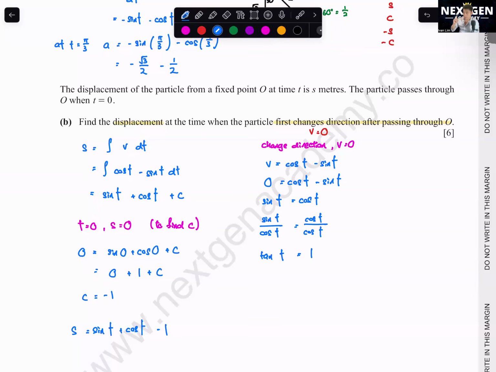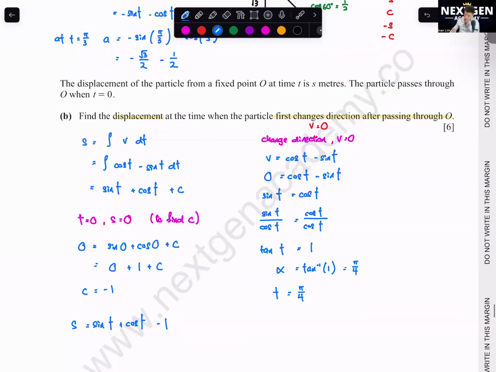Okay, they say first changes direction, so you only need to find the first value. You put alpha equals inverse tangent 1, you get pi over 4. So t is equal to pi over 4. We don't need to find the third quadrant, that will be the second time that it stops, if they ask us to find more than the first time.